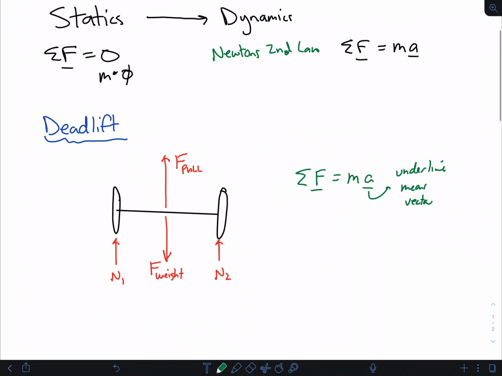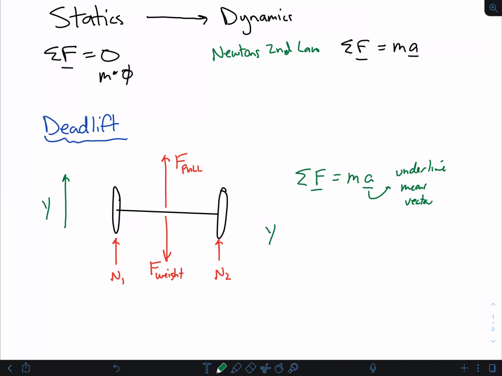We need to think about what a vector means. Vectors give you two pieces of information: the magnitude and also the direction. So here, let's only consider the y direction, with y being positive upward. That way all the forces are either in positive or negative y, so we don't need to worry too much about direction, and we can get rid of the vector approach.